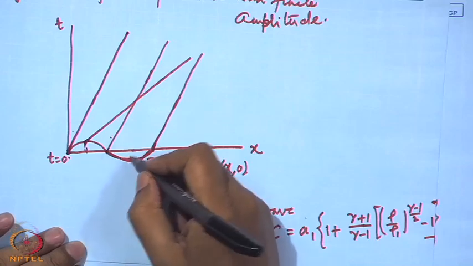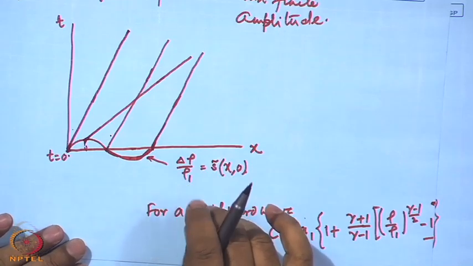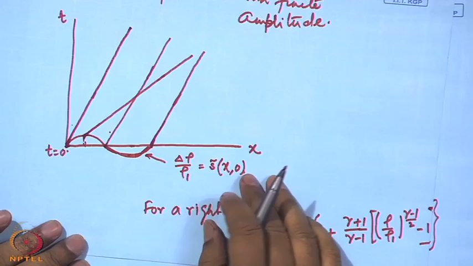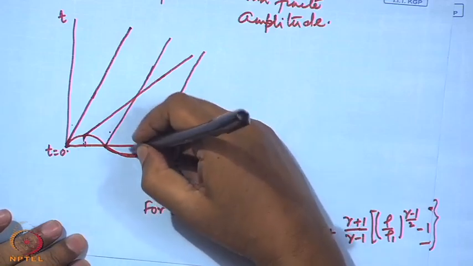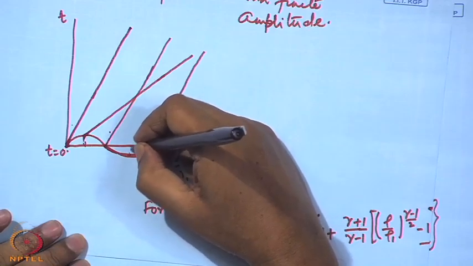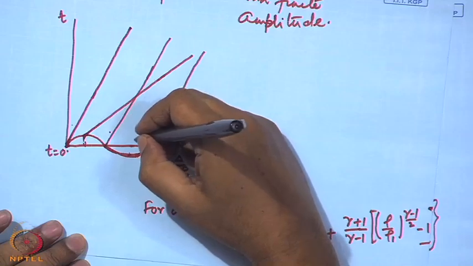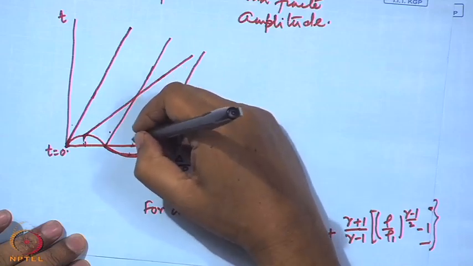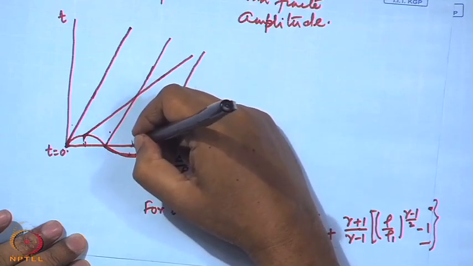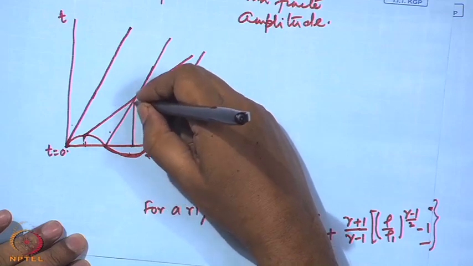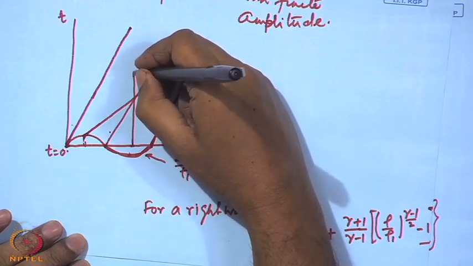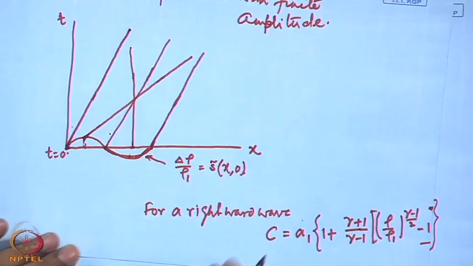At this point where we have the lowest condensation, this will have a slope which is inclined much less and will move like this.